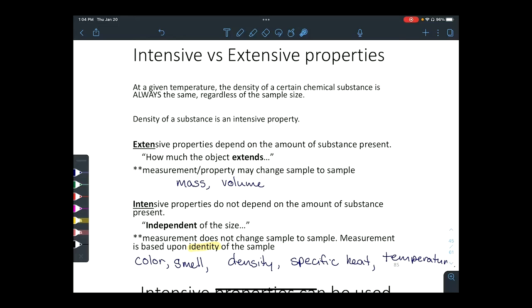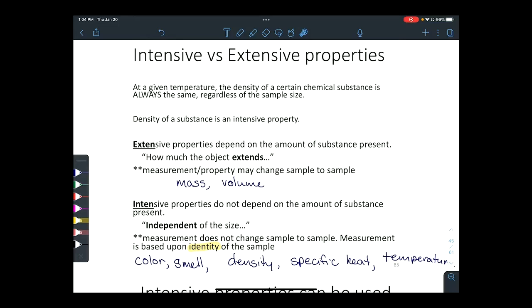It's only based upon the identity of the thing. Regardless of whether you have a cup of water or the whole ocean, water will always have the density of 1 gram per milliliter. So that's really nice. That is called an intensive property: a property that is just based upon the identity of the thing.